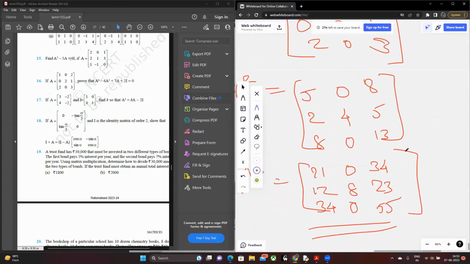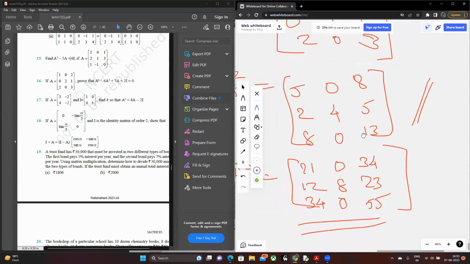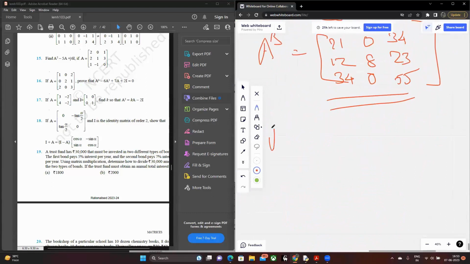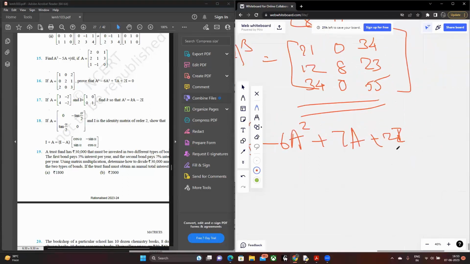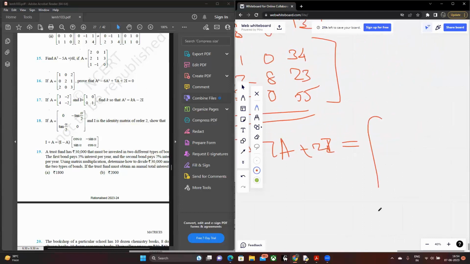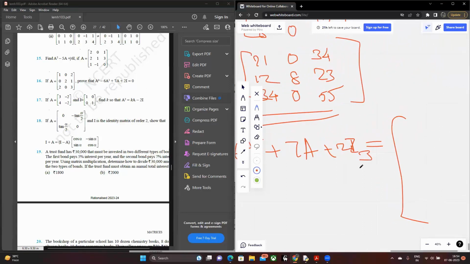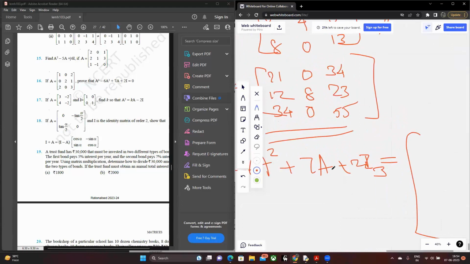This is A cube. This is A squared. Therefore, your equation A cube minus 6A squared plus 7A plus 2I is going to be equal to the matrix of, this is going to be I3, because we have a 3 by 3 matrix.